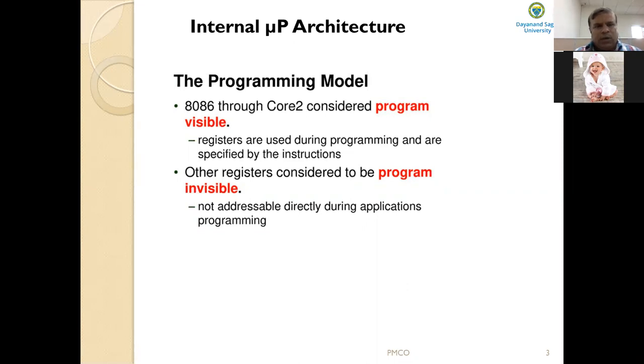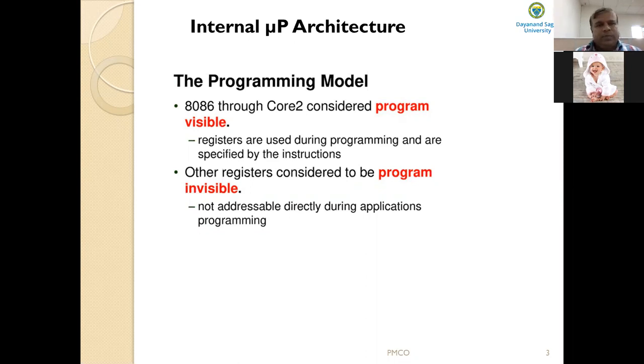Addressing modes are nothing but the way the microprocessor accesses the memory. Then memory addressing with segmentation, and memory addressing with paging. All these things are referred to as the programming model as seen by the programmer. We'll discuss these things in detail one by one.